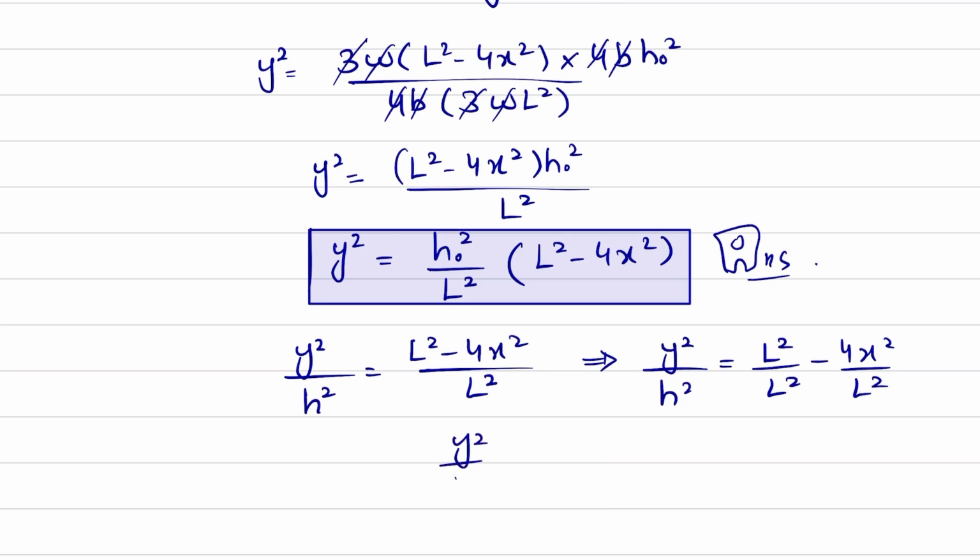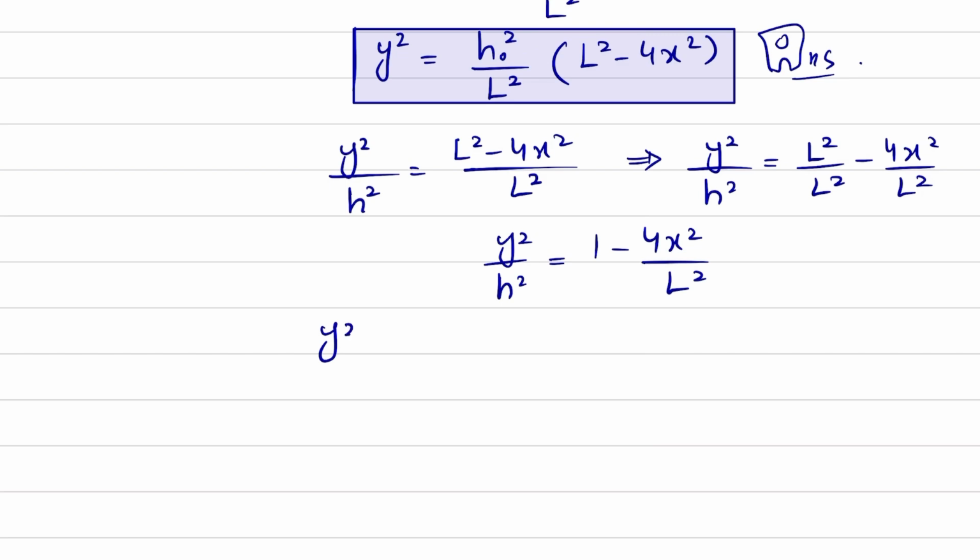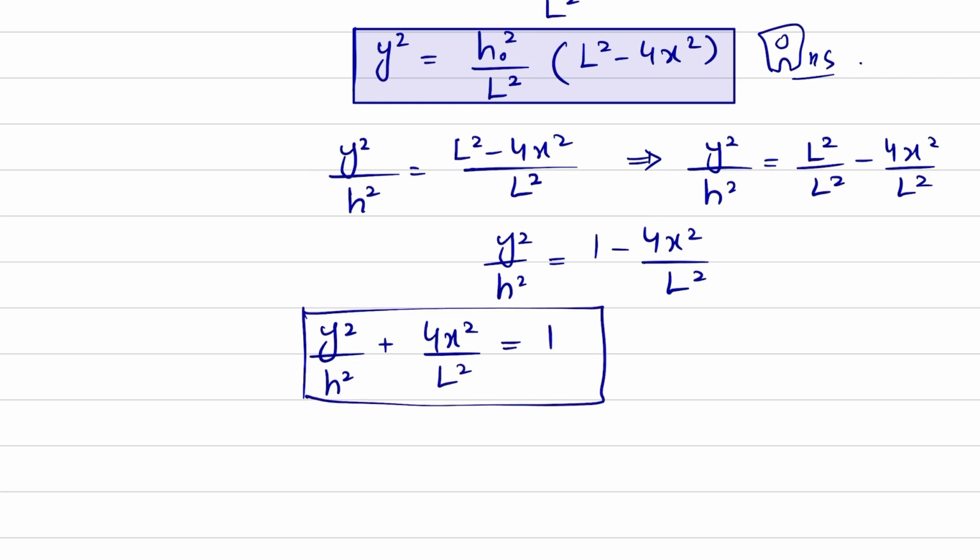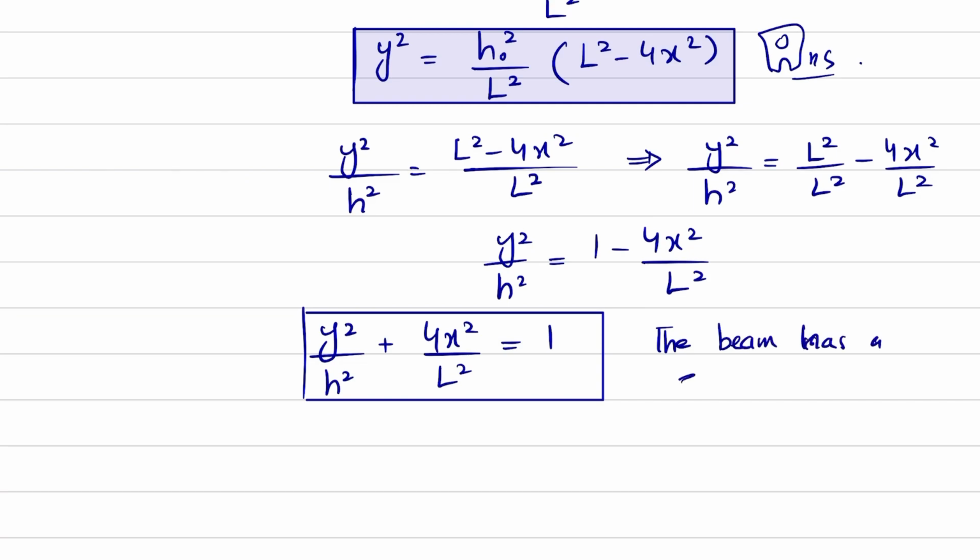So y square over h square is equal to 1 minus 4x square over l square. So rearranging them, y square over h square plus 4x square over l square is equal to 1, and this is the equation of a semi-elliptical shape. So the beam has a semi-elliptical shape.